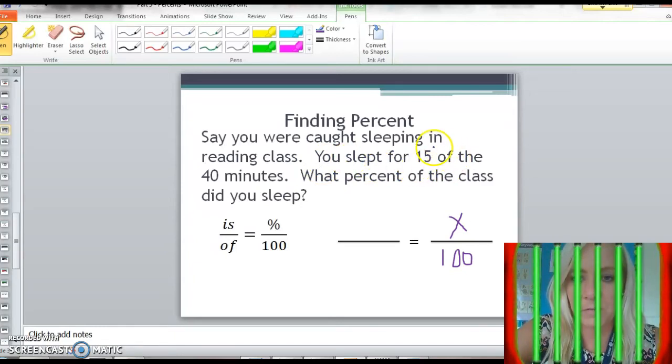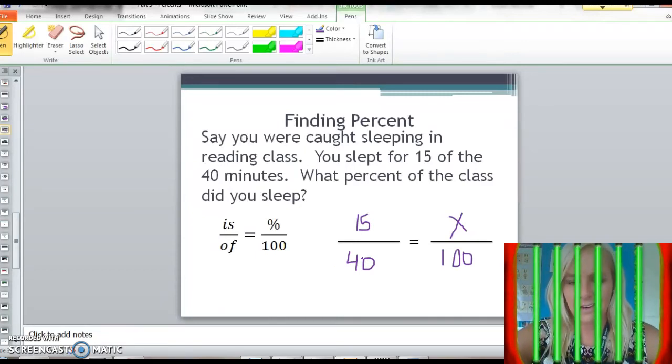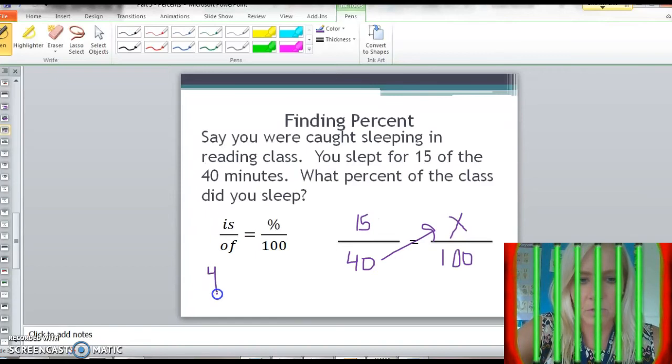So we slept for 15 of the 40 minutes. Even though reading class I know is a little bit longer, let's just say for time's sake, 40 minutes. Okay? So I'm going to do 40 times x, which is 40x, which is equal to 15 times 100. Check it on your calculator, but I know that's 1,500. Why? Because I'm multiplying 15 by 100, and there's 2 zeros.